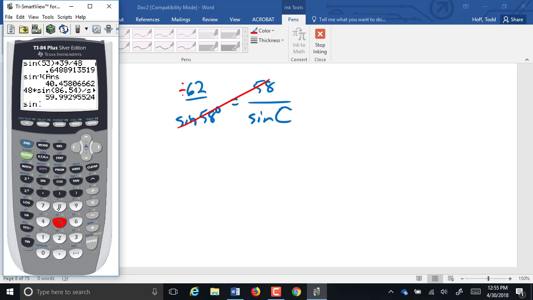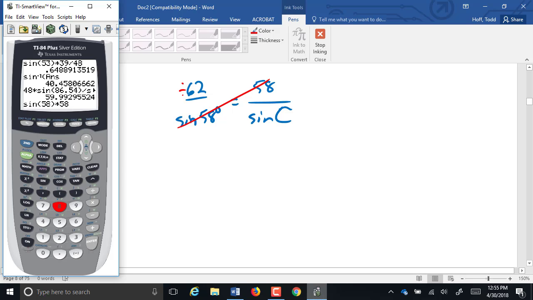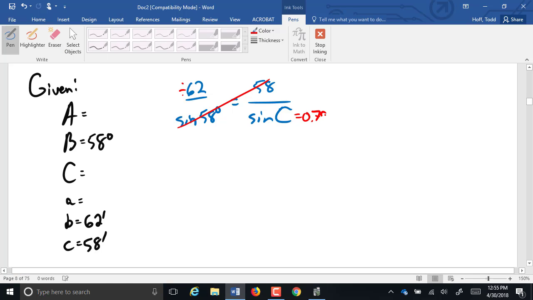Sine of 58. Did I really make those the same? I did. Sine of 58 times 58 divided by 62. 0.7933. So the sine of C is 0.7933. So C is the inverse sine of 0.7933.